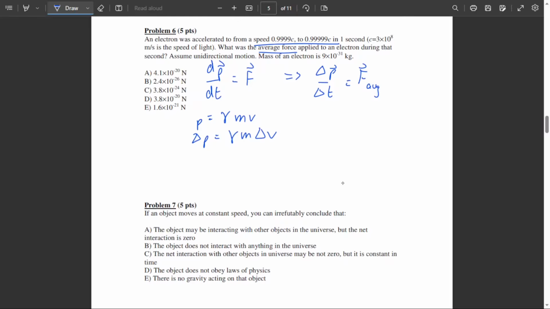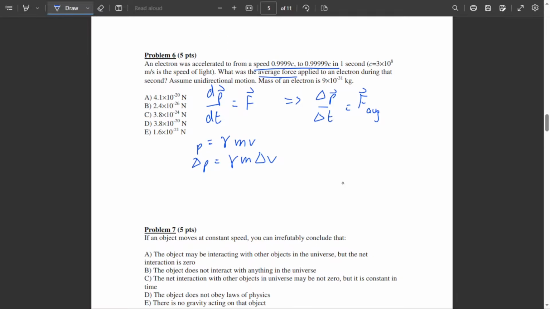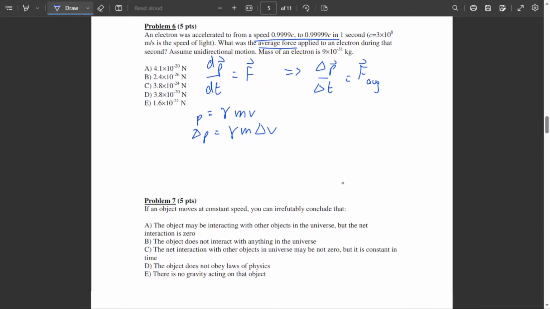So, if we plug all this in, we just want to know the magnitude. We don't need to worry about the direction. So I'm going to leave all of this without vector components. Calculate it. The Lorentz factor is 1 over the square root of 1 minus v over c squared times the mass times the change in velocity.